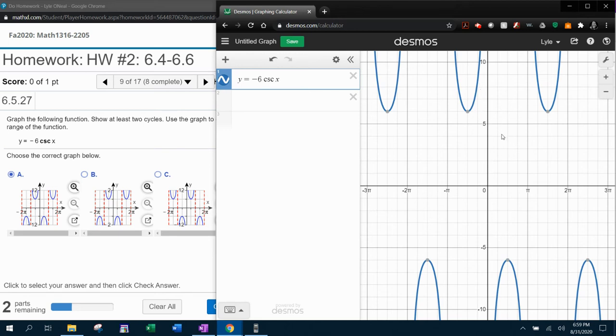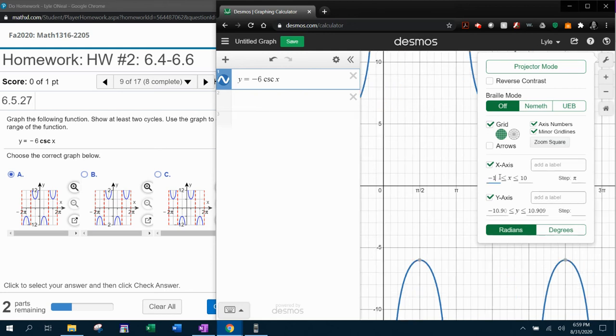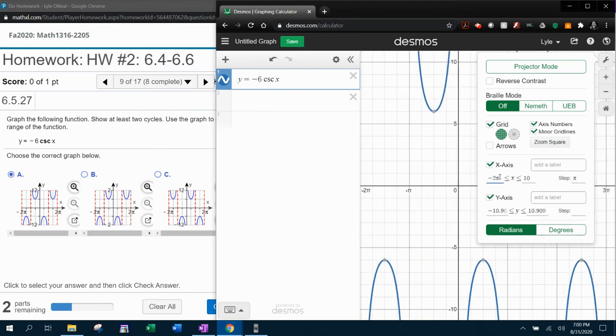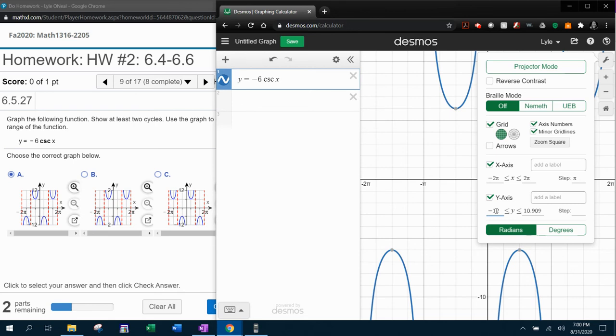Okay, so we can see here's the humps. And what I'd like to do is reset this to be answer choice A dimensions and verify that it's correct. Okay, so -2pi to 2pi in the x direction, and the y scale, according to answer choice A, should go from -12 to 12.